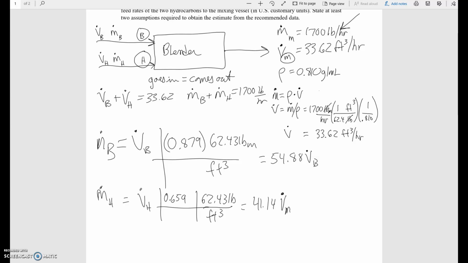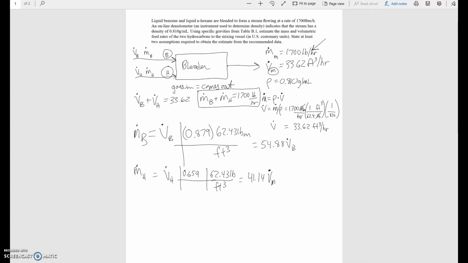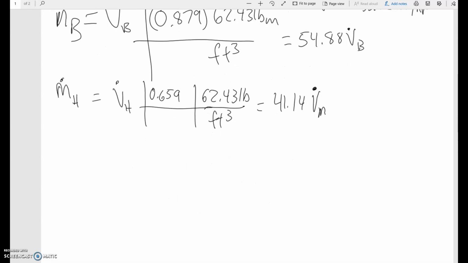These are flow rates. Okay, now I know Mb plus Mh. Well, I know that because I've got this formula right here, I now know Mb and I know Mh. So let's move that up and let's take another look.